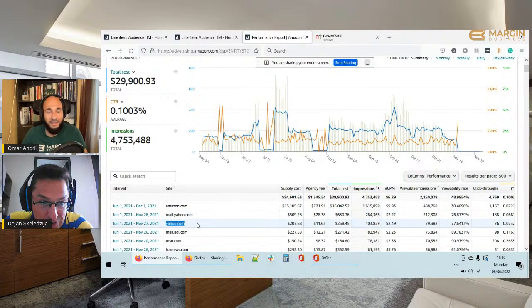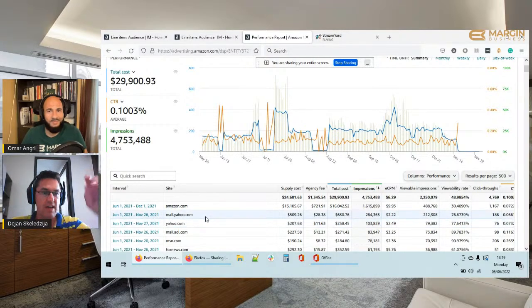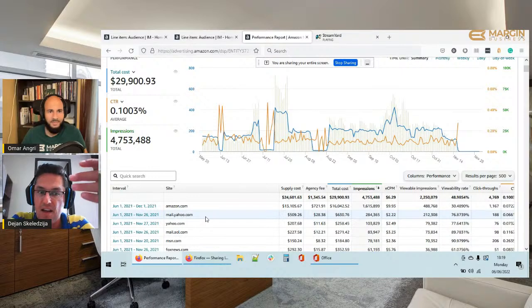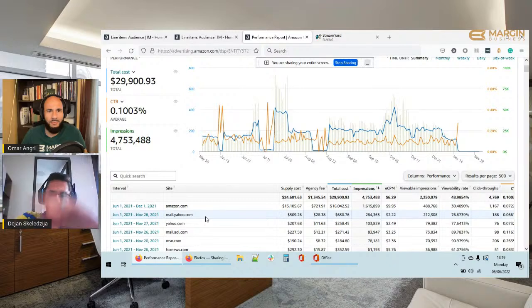Wow. Or yahoo.com. Imagine the customer goes on in the morning. Let's say the customer was previously browsing something on Amazon. The customer was logged into Amazon. It could be a mobile phone, a tablet, a computer, or at work. And Amazon has recorded this activity. Amazon knows, as we will see, I don't know if we will have time today, but we will see for sure if you watch further parts.